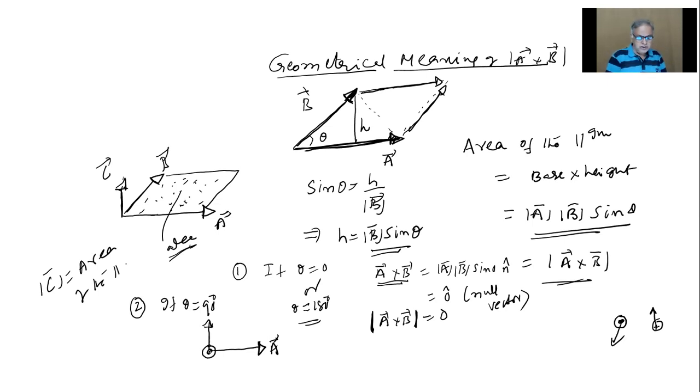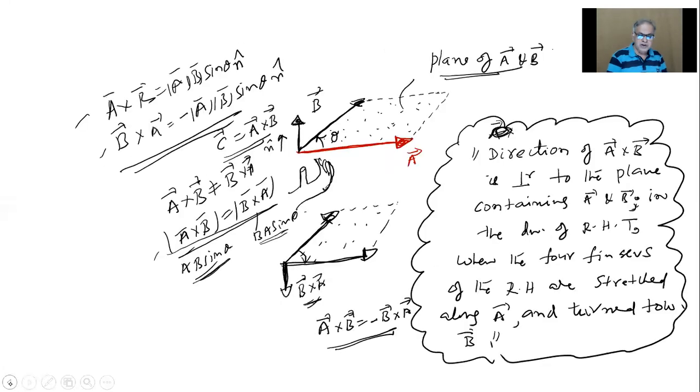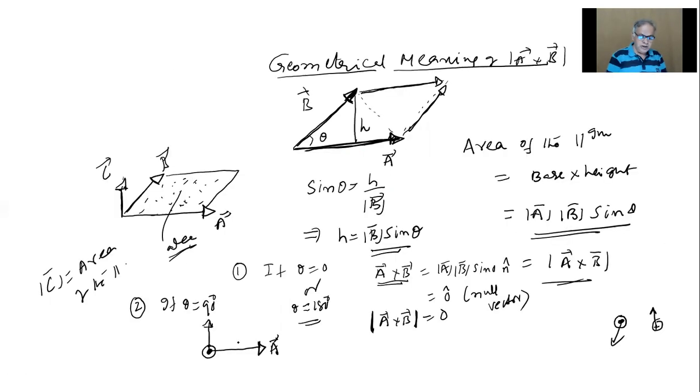Previously I just tried the 3D approach here, because I wanted to show the vector in the plane of the drawing. But now if I'm showing A and B in the plane of my drawing, A cross B will be towards me like this. Do you follow? Think of turning A to B like this, the thumb will come towards you. Hope you followed.